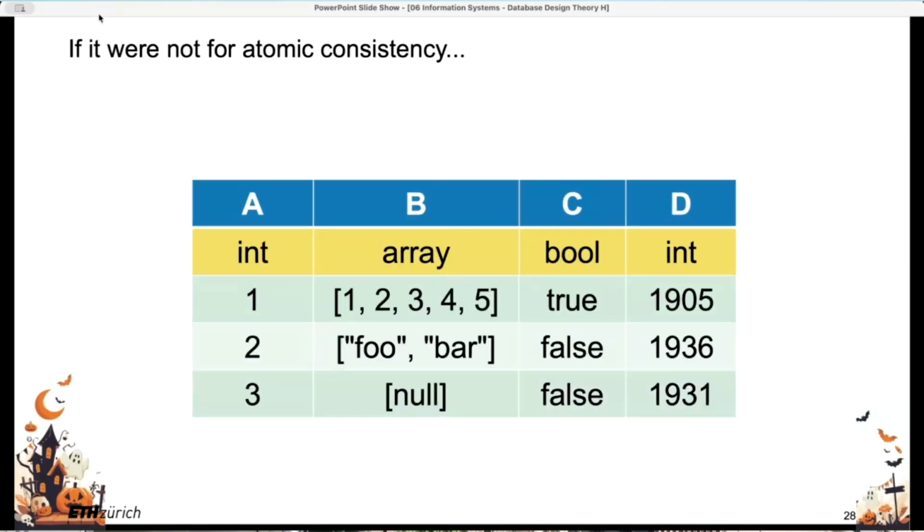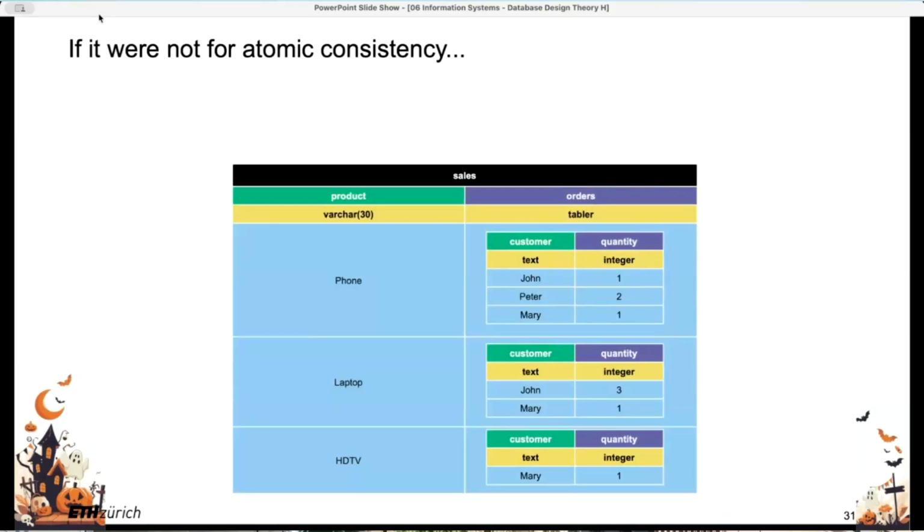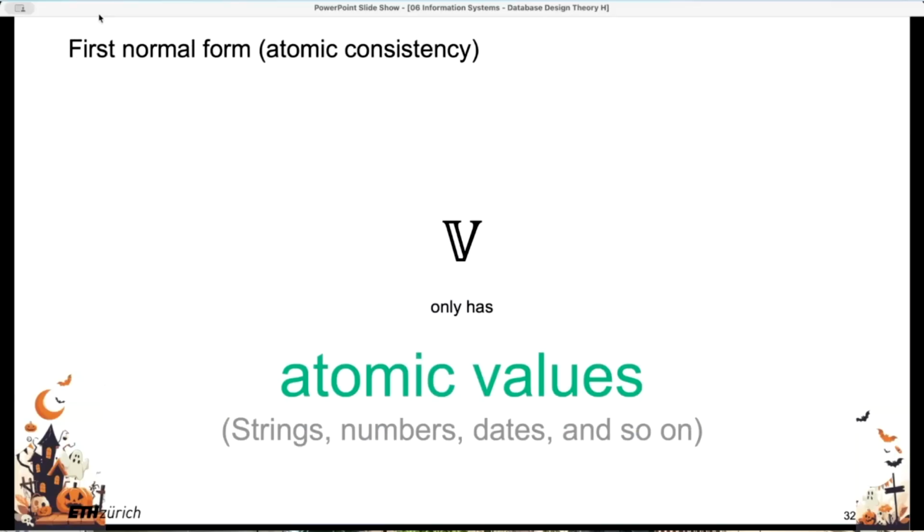So this and this do not have atomic integrity. So I can also say this and this are not in the first normal form. So these are counterexamples. This is not in the first normal form. This is also not in the first normal form.